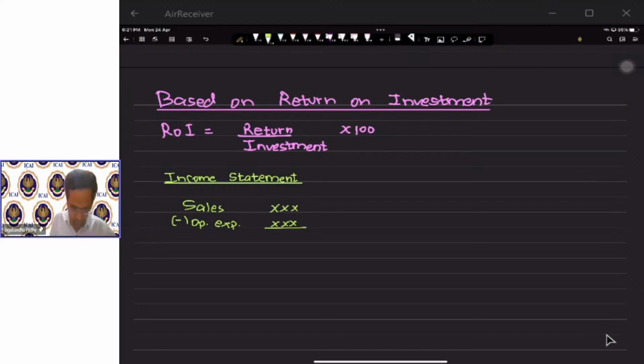What all things are included in operating expenses, guys? This includes the COGS and also the operating expenses, like your admin costs and selling and distribution expenses.